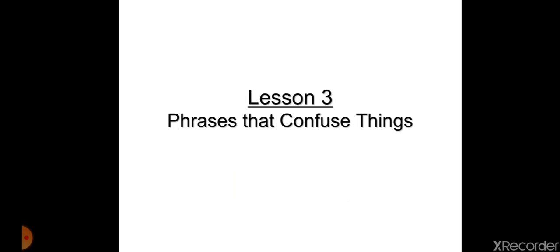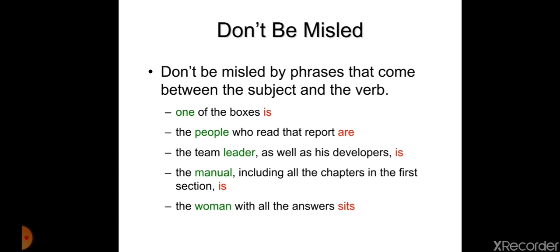Lesson number 3. There are many phrases which generally confuse people like these. We should not be misguided. The phrase like one of the boxes, it is a phrase which has a singular form as well as a plural form. One of the boxes.